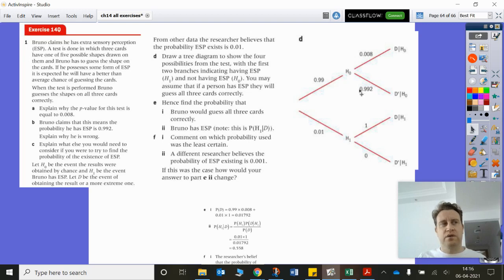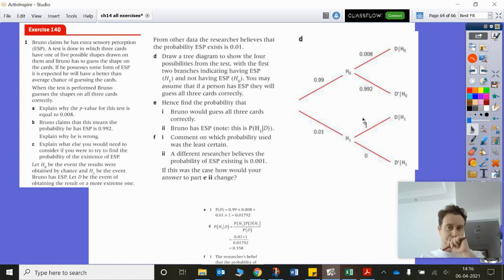And the chance of us concluding that he doesn't have it, in the case that 99% of the population doesn't have it, so if he ultimately doesn't have it and we conclude correctly that he doesn't have it, then that's the opposite of this. That's tree diagrams. You have to have these 2 branches adding up to 1. We have to go down one or the other. That's 100% of probability in total there.